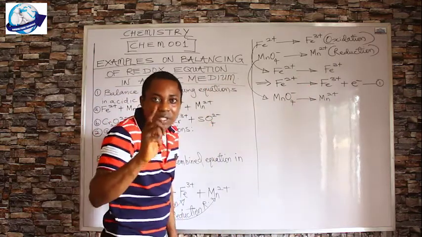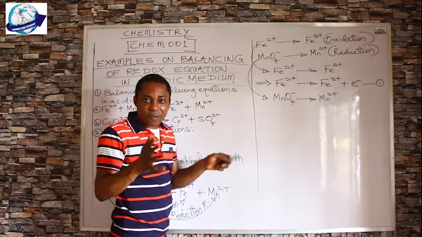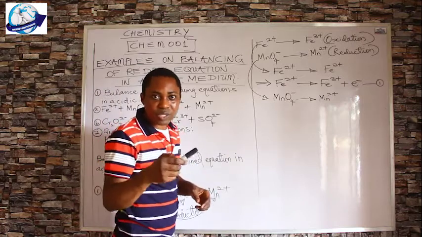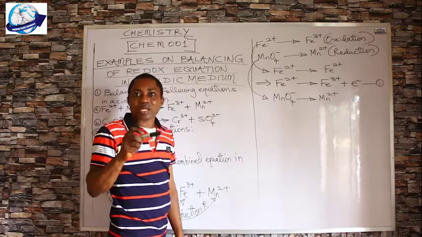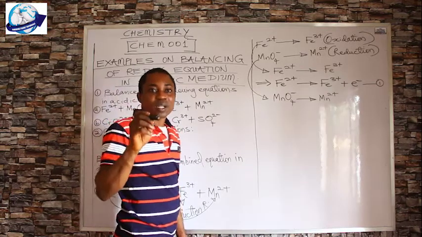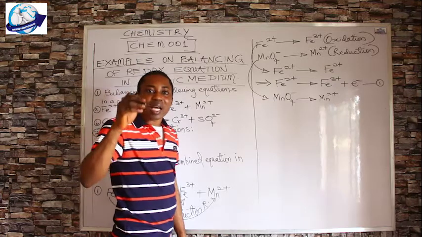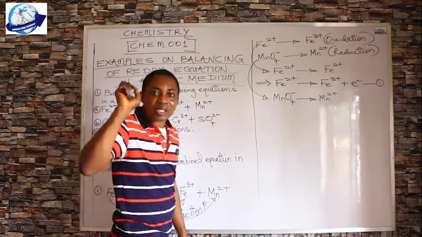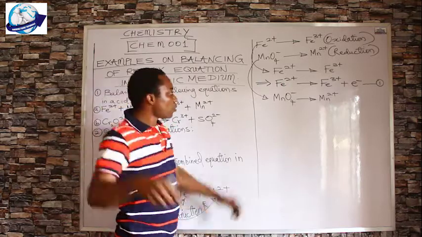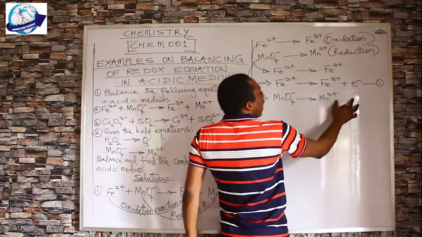Remember I said last time, based on the steps in our former class, in acidic medium, you need to add 1 molecule of water to the side that has no oxygen or lesser oxygen. Like now you can see this side, the right hand side, has no oxygen.